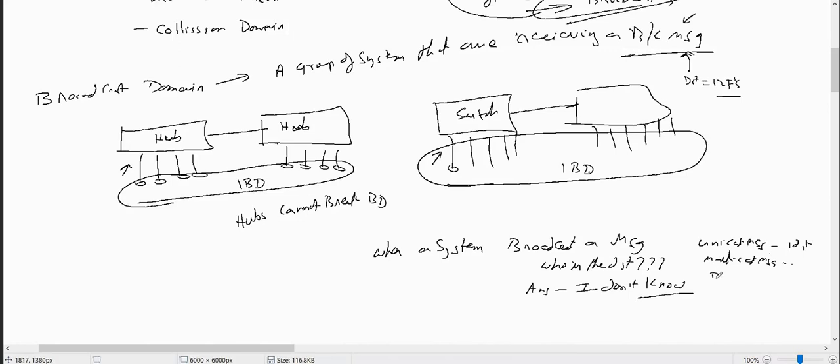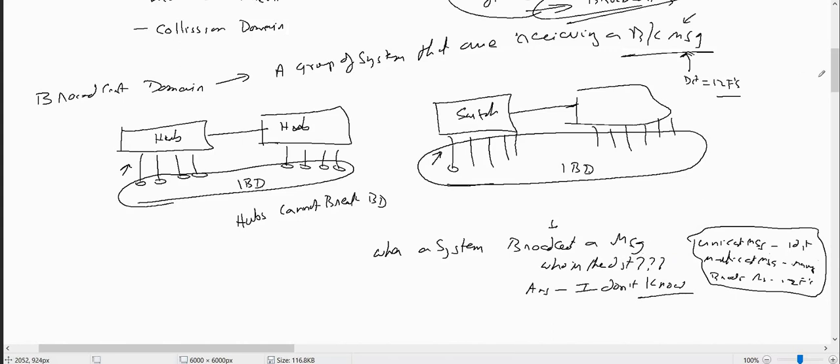And if I am sending a broadcast message, then it is 12 Fs. So if I don't give you the message which is sent by the system, I cannot tell who the destination is. What just now happened is broadcasting, just flooding. Everybody is receiving.